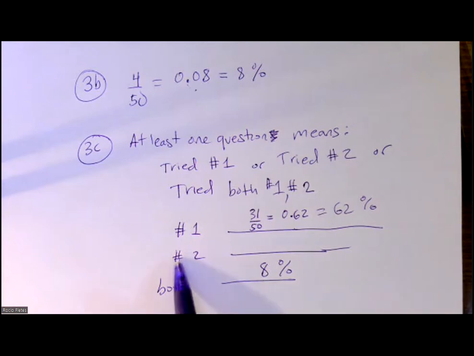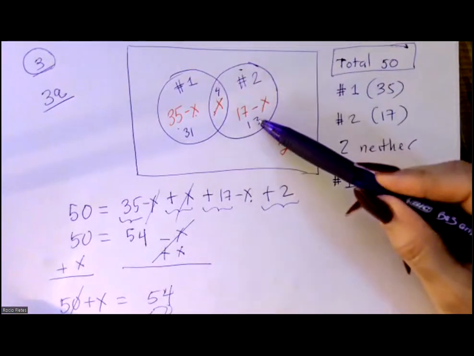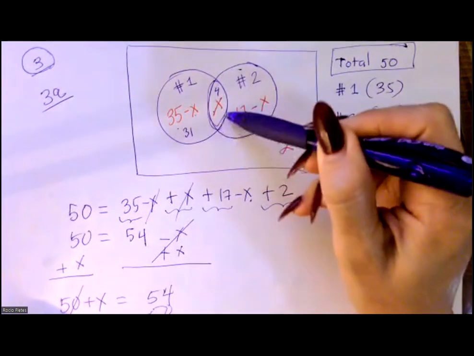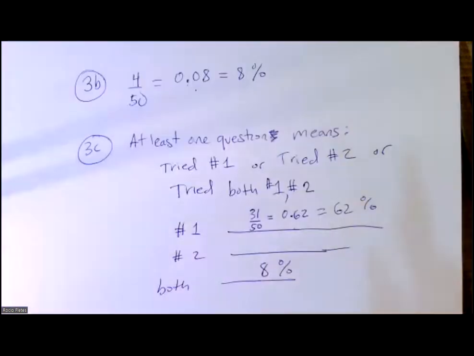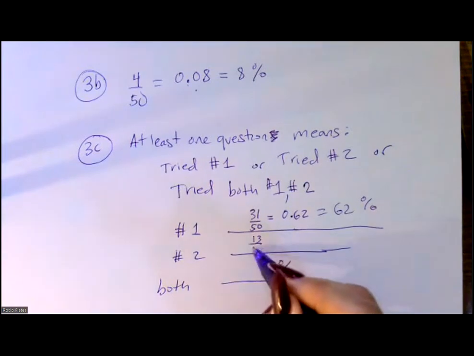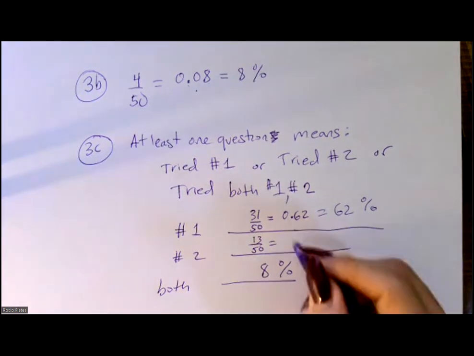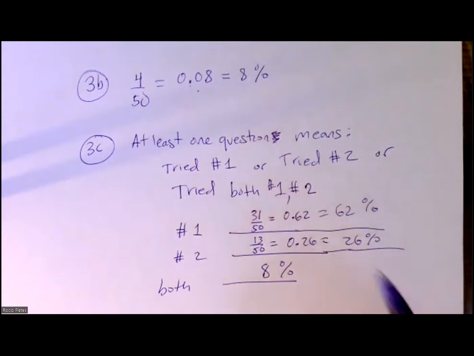And for the second one, you look at the Venn diagram and we have 13. Remember, you don't include the center here. We already counted this part. So it's only 13 out of 50, which is 13 divided by 50, 26%. And then you're going to add all of these.